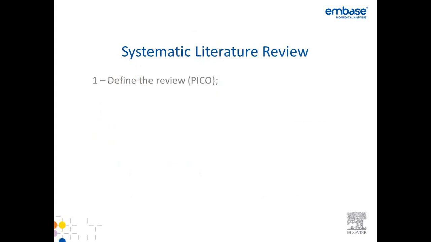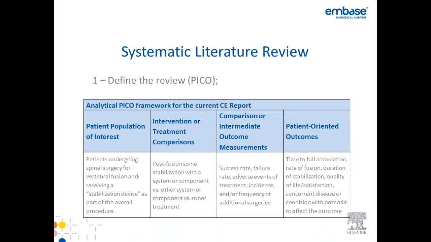Sure. Going to define the systematic literature review in the PICO framework. You can read from this slide that PICO, P-I-C-O, is patient population of interest, the intervention, the comparison, and then the outcomes. These were the descriptors that we entered into each of these PICO boxes.